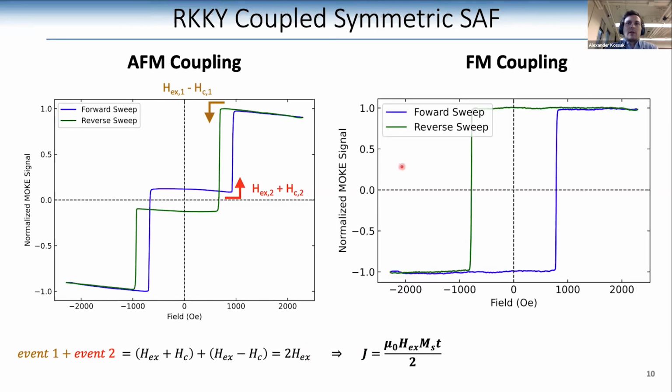When it's ferromagnetically coupled, all you get is a single loop. So you don't get any splitting, and because of that, you won't be able to quantify your exchange field, and so most of the time you just plot a 0 or unknown or dotted.